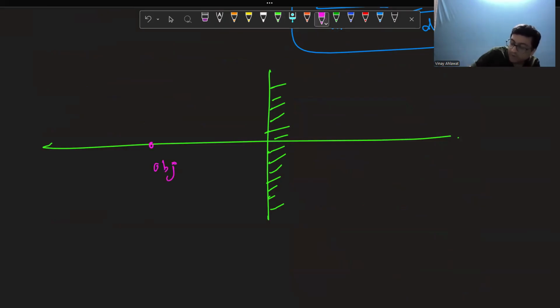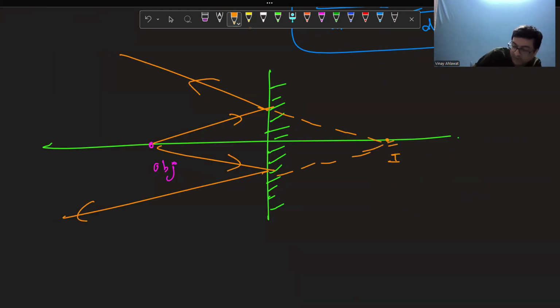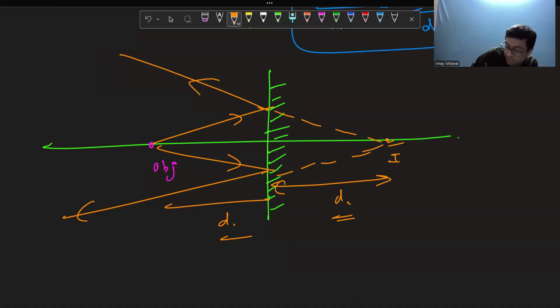You do know that its image will be at this point. The rays go like this, then they go like this, and this will be your image. Whatever distance this is, d, this distance would also be d. That we already know in plane mirror.